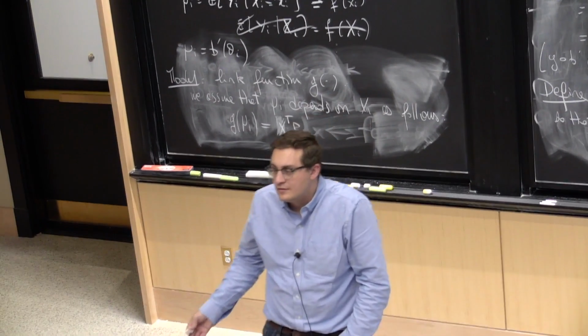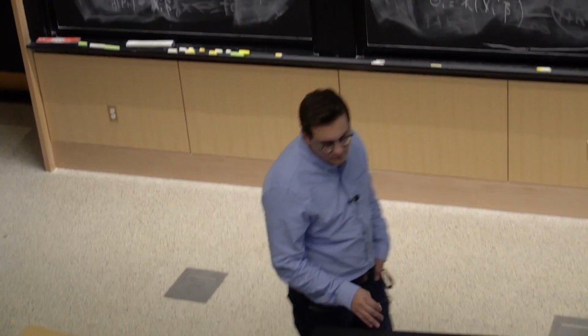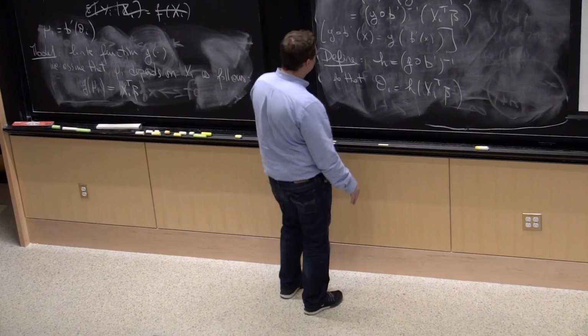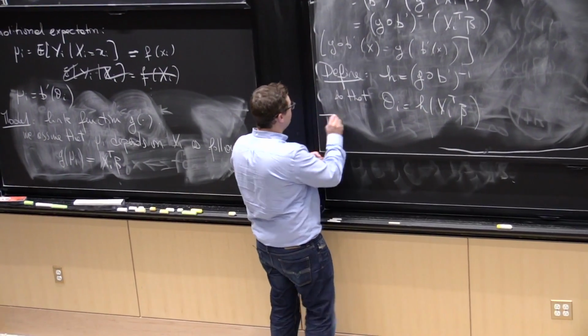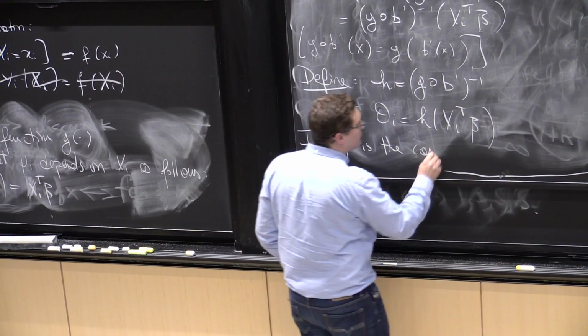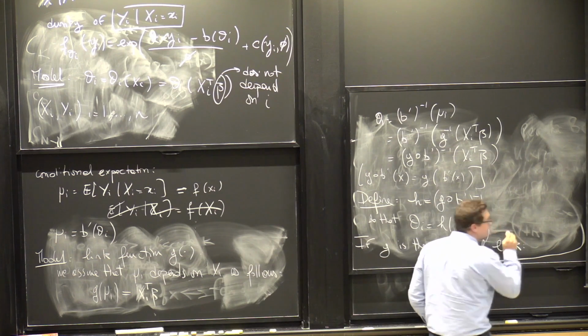Okay, I could give it a name, but let's just call it the h function. There's something nice about this h function if g is the canonical link. What is the canonical link?